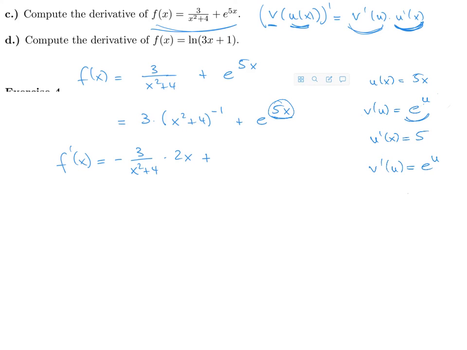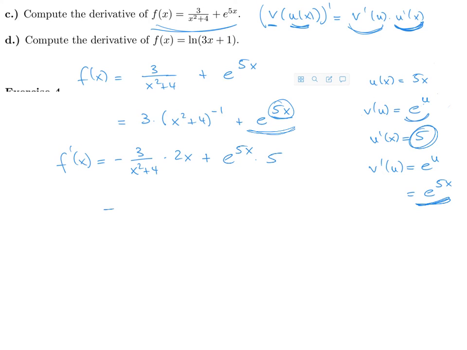Okay, so this would be then e to the power of 5x. So if I apply now to this term here outer derivative times the inner derivative, then here the outer derivative is e to the power of 5x times the inner derivative, 5.